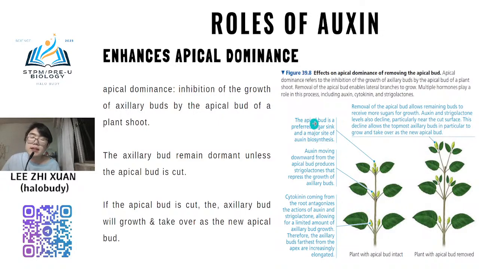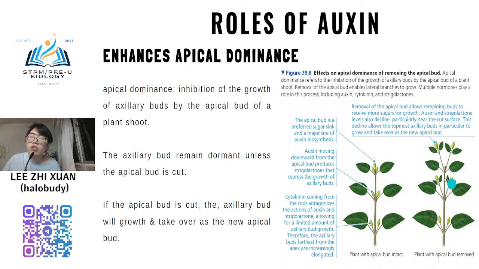So you see this diagram, the apical bud is a preferred sugar sink and major site of auxin biosynthesis. So this upper part we call the apical bud. Auxin will move downward from the apical bud to suppress the growth of the axillary buds. All these axillary buds here, you see, remain dormant because of auxin.